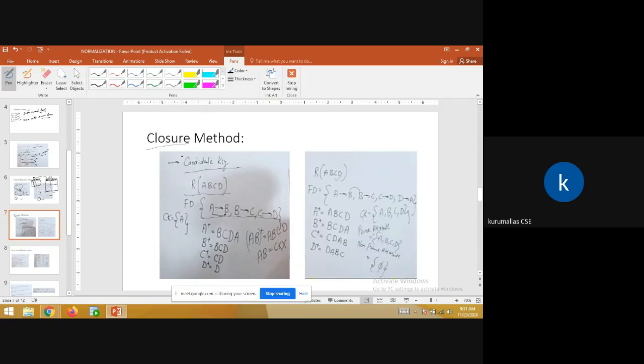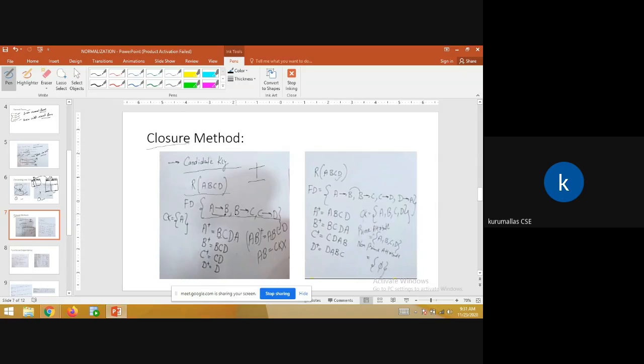So how to find a closure? I need to find a closure, a plus. Closure can be represented with a plus. How to find this a plus? For a tends to b, a can derive b next.